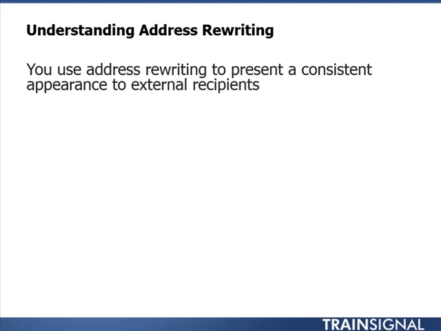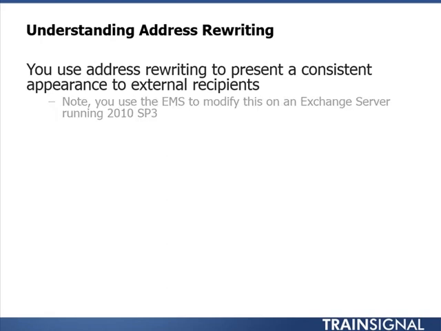But there are other times when you may want to make a configuration change on the Edge transport server itself in order to ensure that all email that leaves an organization actually leaves with the proper SMTP address space that you've configured. Now, one thing to note is that this is done on the Edge transport server, and you use the Exchange Management Shell to modify this on an Exchange Edge transport server running 2010 Service Pack 3.